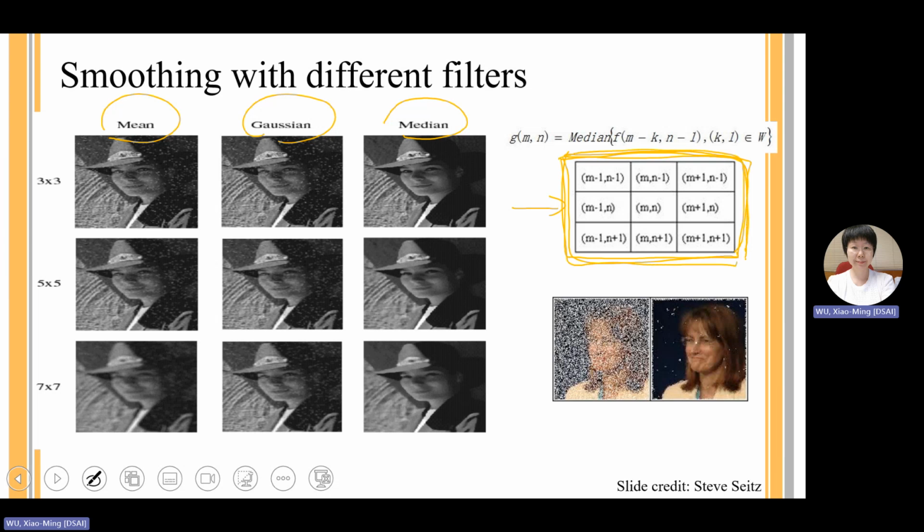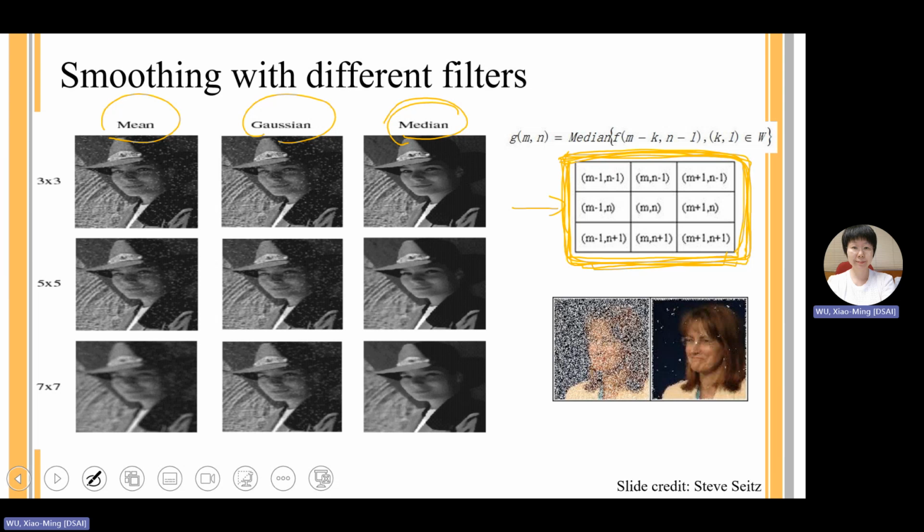The output is the median of these 9 elements. This is the median filter.